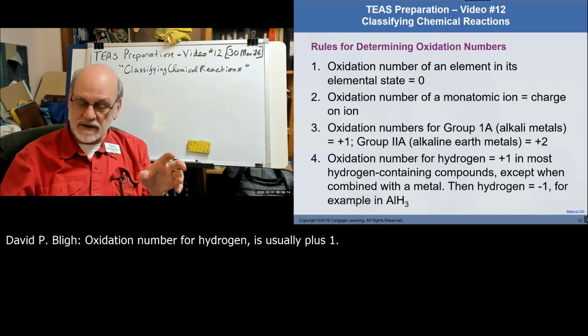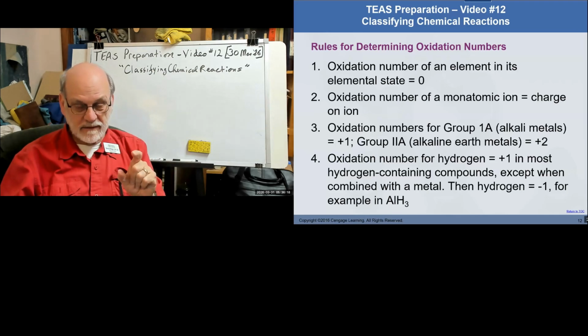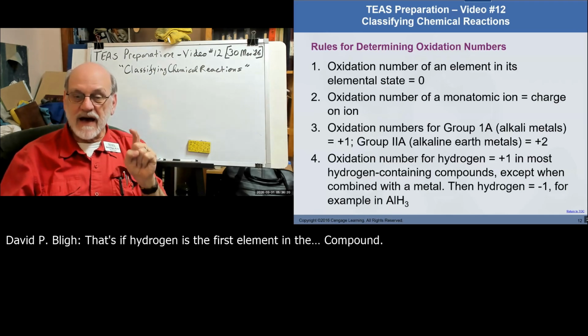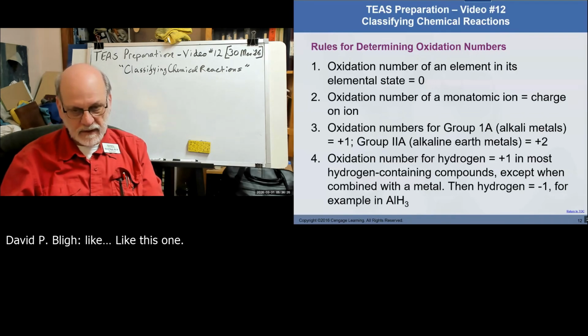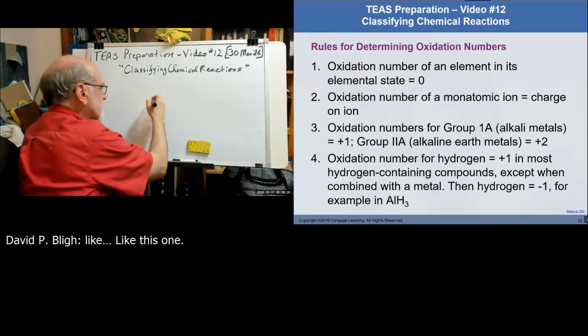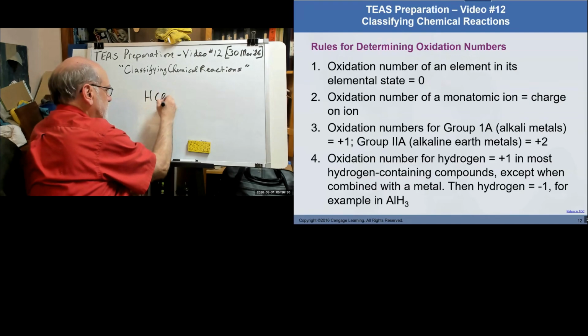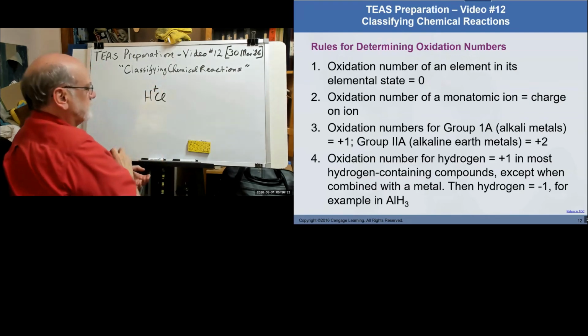Oxidation number for hydrogen is usually +1. That's if hydrogen is the first element in the compound, like this one. That would be a +1.